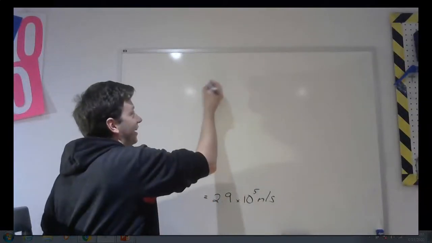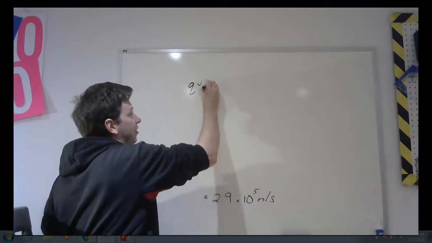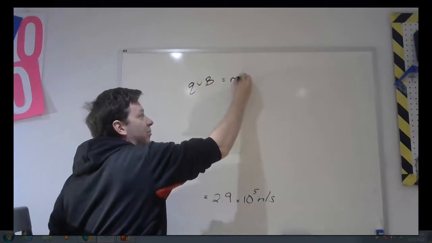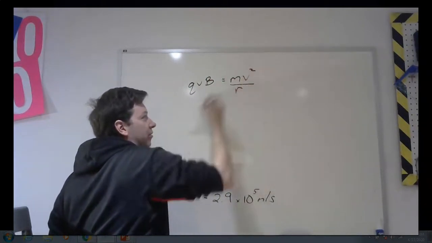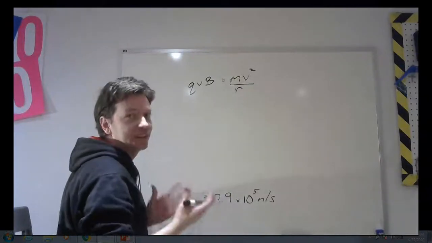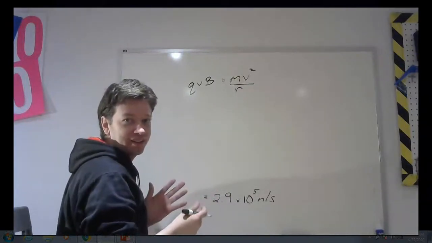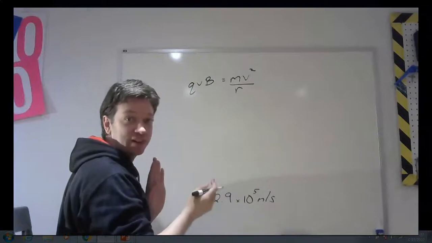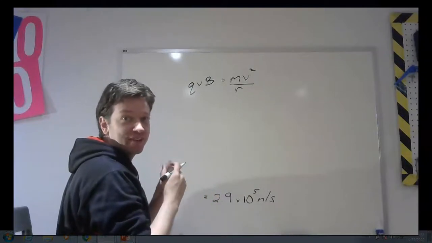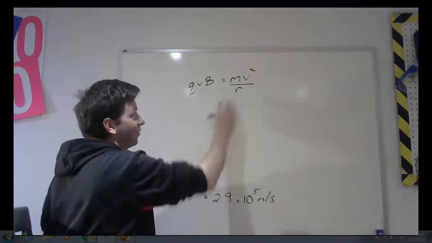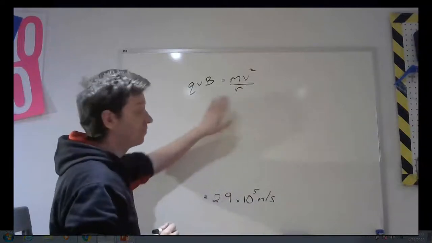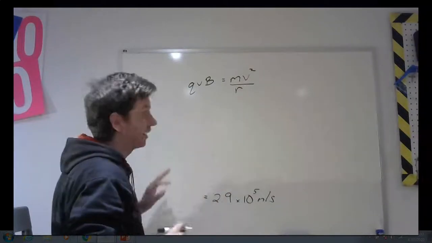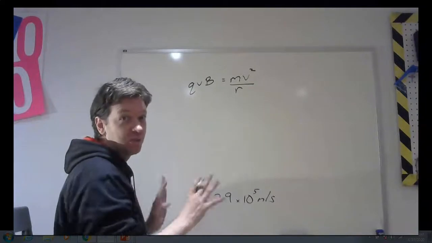So we're going to set magnetic force equal to centripetal force. These two relationships we use a lot, right? This accelerating through parallel plates, qV equals 1/2 mv squared, and then sending it through a magnetic field where Fm equals Fc. Two combinations we use the most in this whole unit.